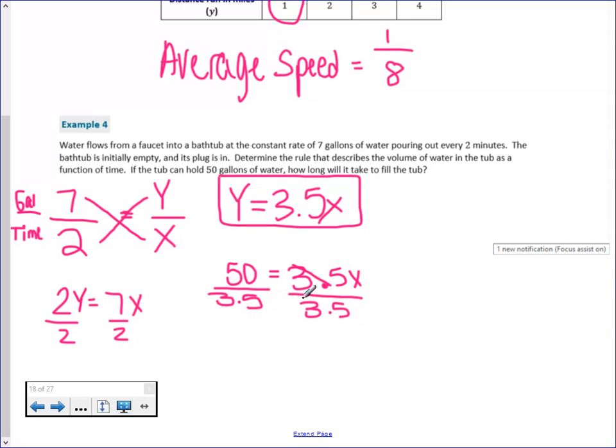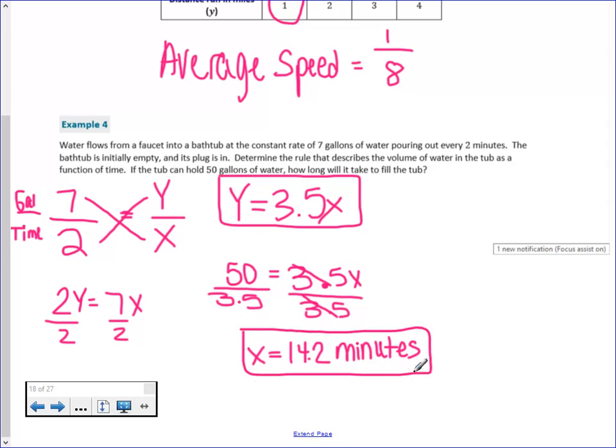Take 50 divided by 3.5. What did you say? So 14.2 minutes. So to fill up a 50-gallon bathtub, it would take about 14 minutes to do it.